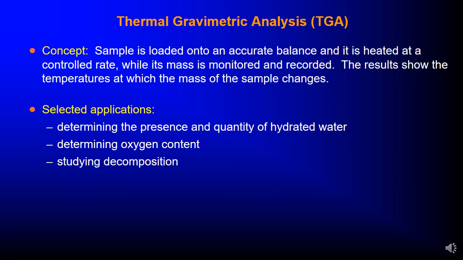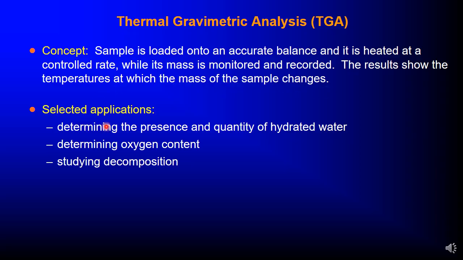So, thermogravimetric analysis. The concept is that a sample is loaded onto an accurate balance and heated at a controlled rate, while its mass is monitored and recorded. The results show the temperature at which the mass of the sample changes.